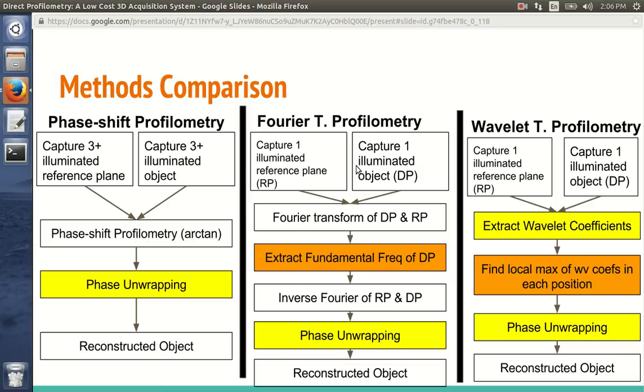For Fourier transform profilometry, it only needs to capture one illuminated reference plane and one illuminated object, and we find the Fourier transform of the DP, or the deformed pattern, and the reference pattern.